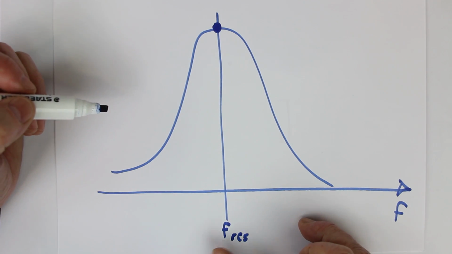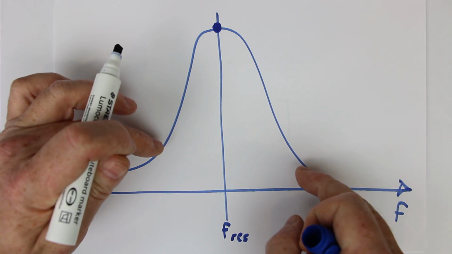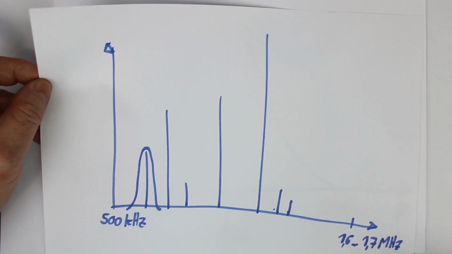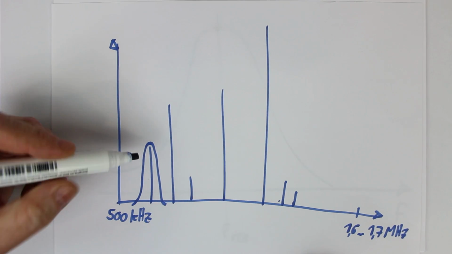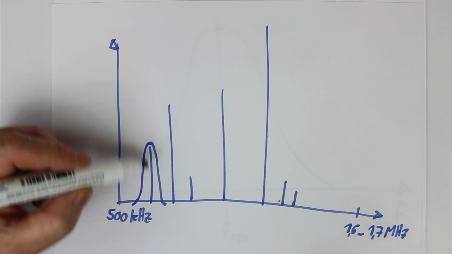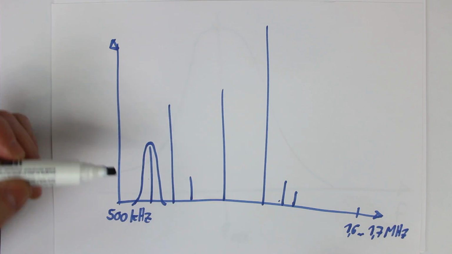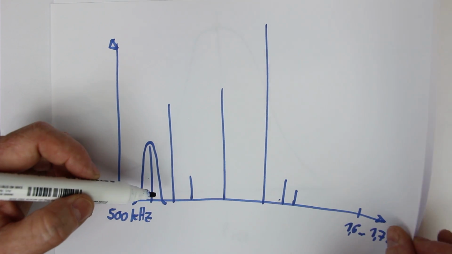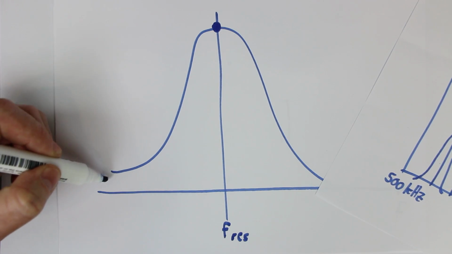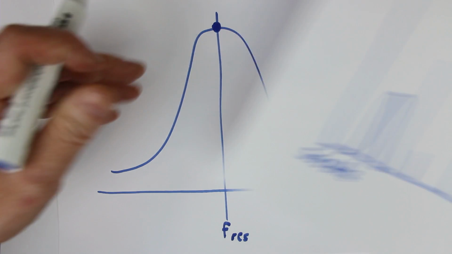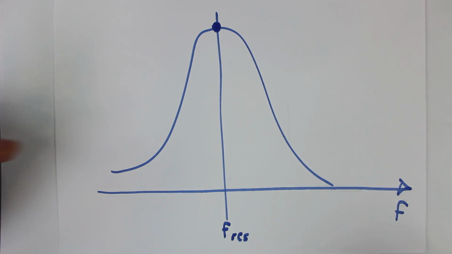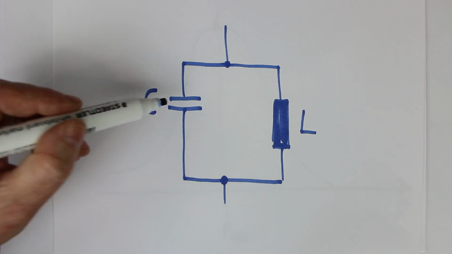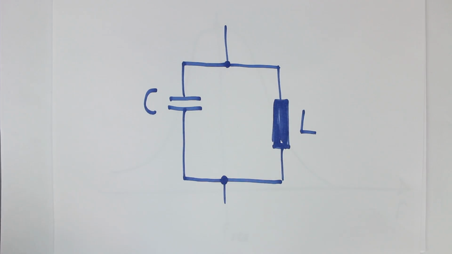And what we want is to make it as narrow as possible so that we only receive the station that we want and not neighboring stations, which shall be suppressed because they are here in the lower regions of the sensitivity. So that's one purpose, and we achieve this by making one of the two elements tunable.